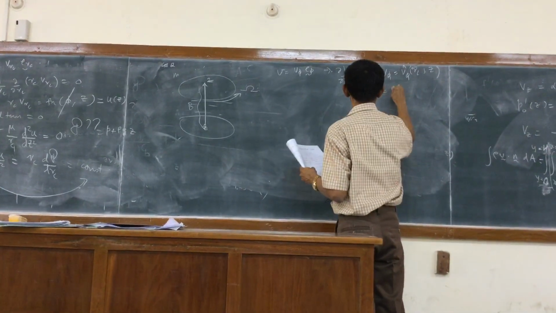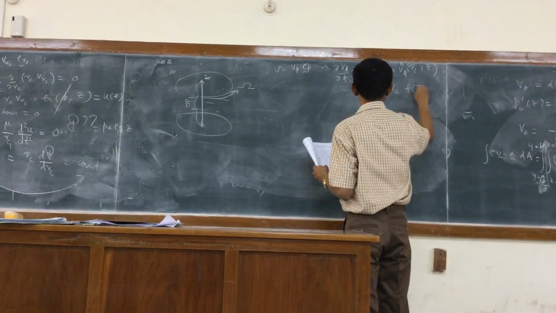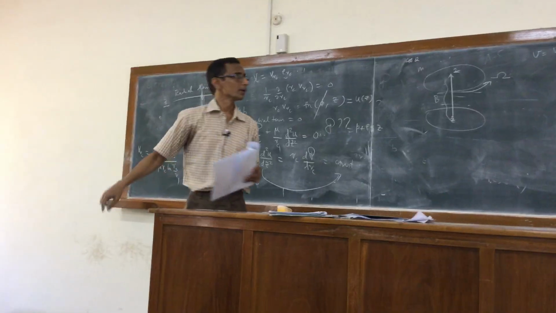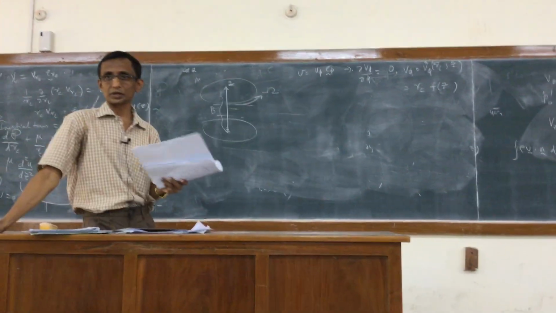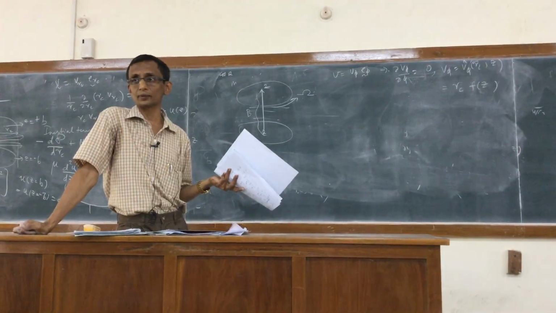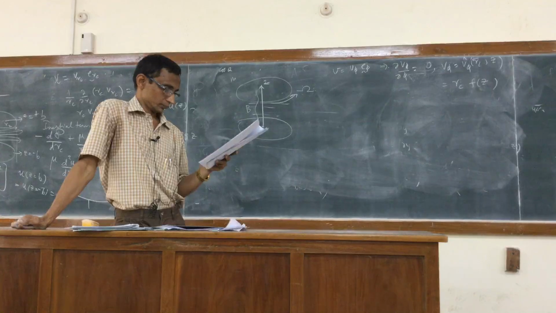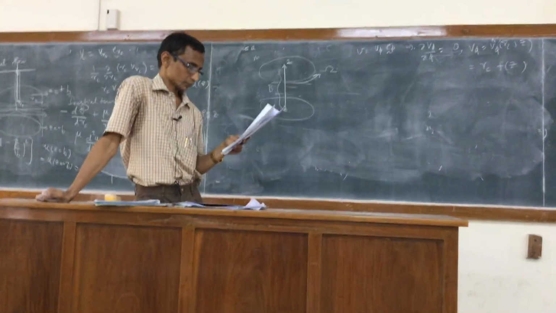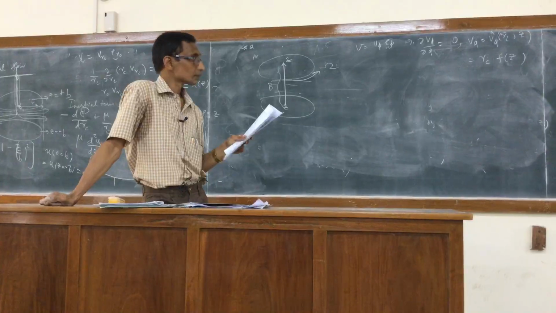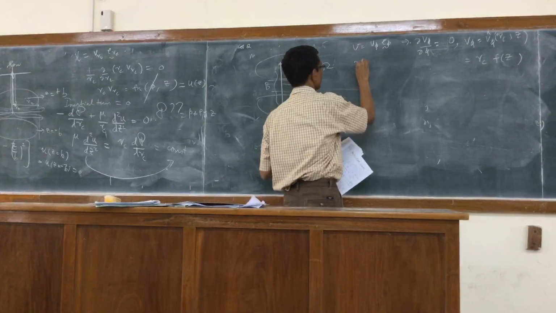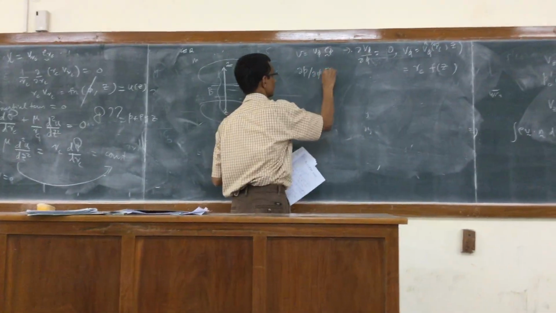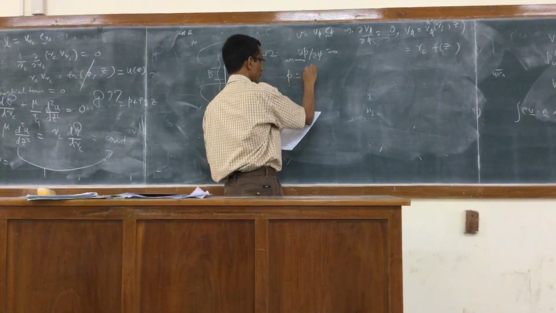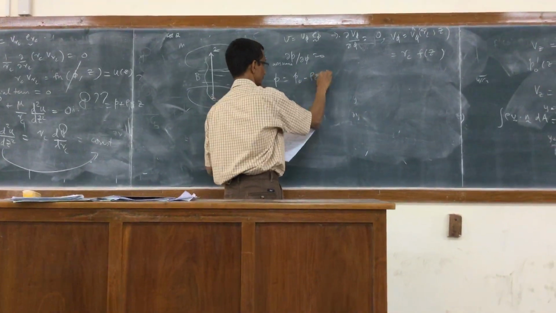And Bird, Stewart and Lightfoot simply ask us to assume this. He asks a question, what is the justification for this? I can't really give an obvious justification, but certainly this is what you are asked to assume. Right, so again, we have to assume that dp by d phi equal to 0. And then the p would turn out to be p naught minus rho g z.